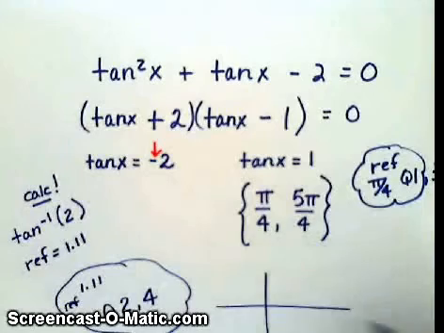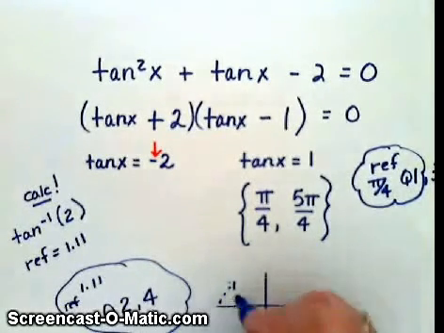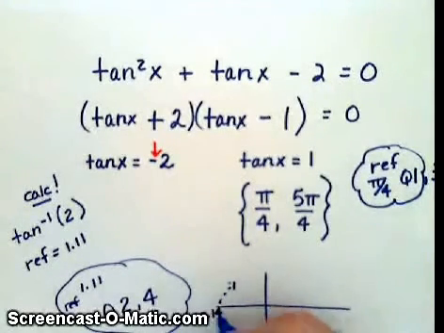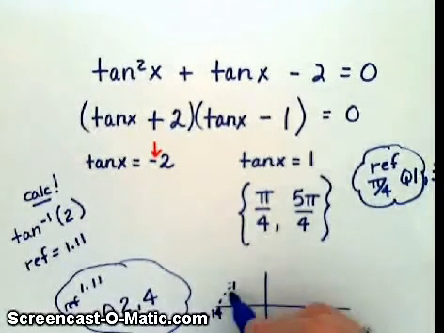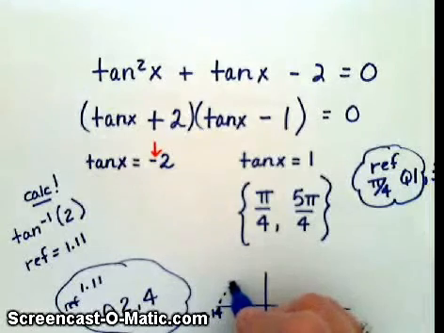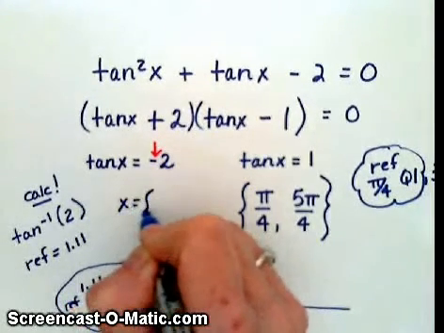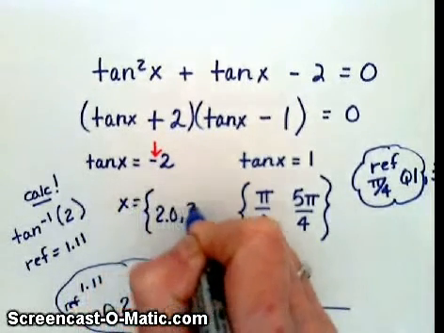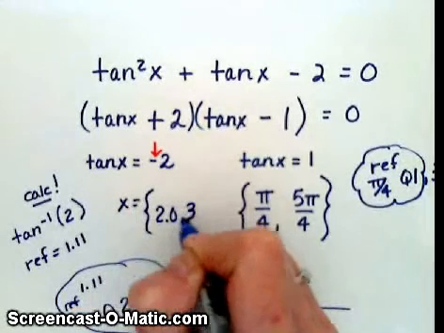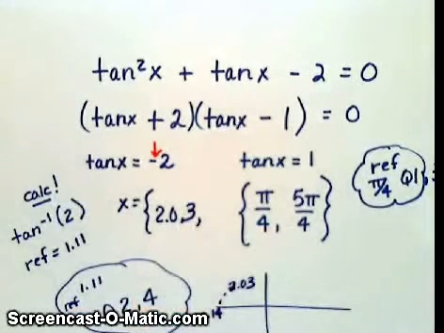Here's a picture of that. Quadrant 2, we're going to go up from 3.14, and we're going to subtract 1.11, and we're going to end up at 2.03. So our first answer here is 2.03 radians.